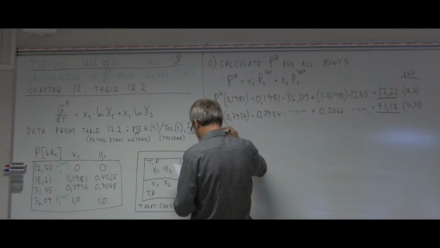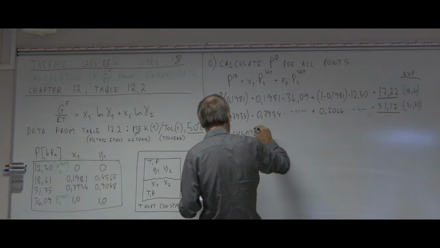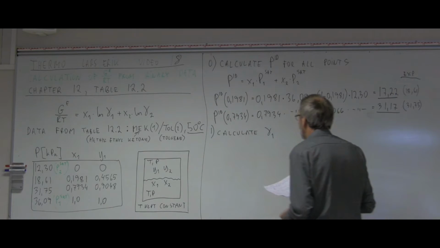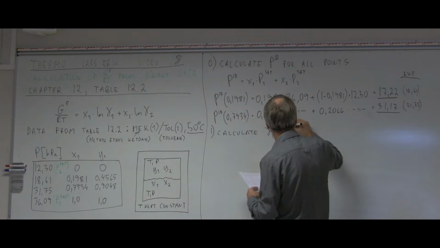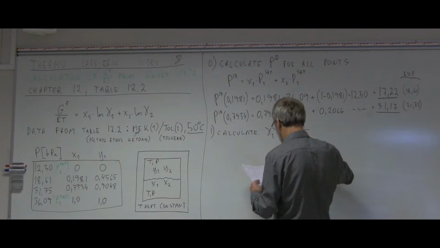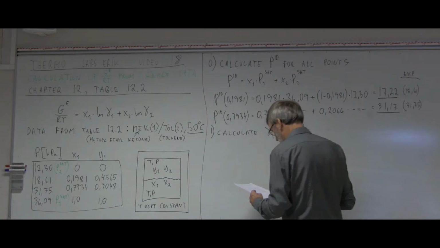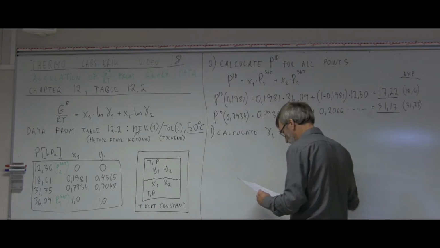Then we actually calculate the activity coefficient as the pressure times y1 divided by the saturation pressure times x1.